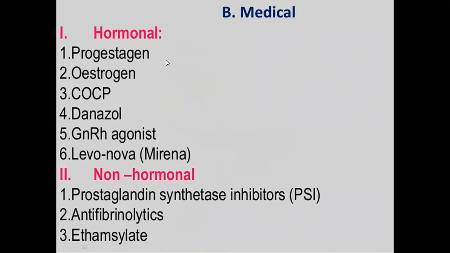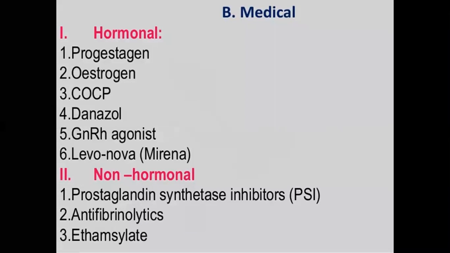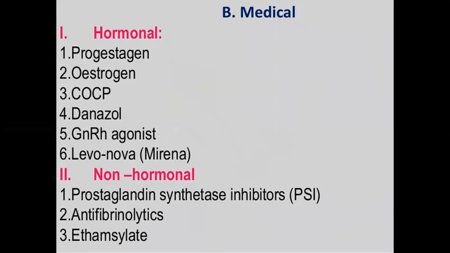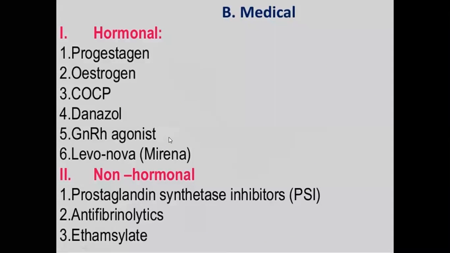Please answer this question, because in the hormonal therapy for AUB, what is the first line drug you use? That is the question you usually get. That is progestogens. You write progestogens. Then combined oral contraceptive pills. Then Mirena you can use, and in some cases gonadotropin releasing hormone agonist and antagonist. Danazol we are not using nowadays.